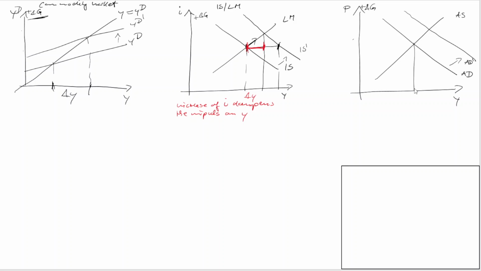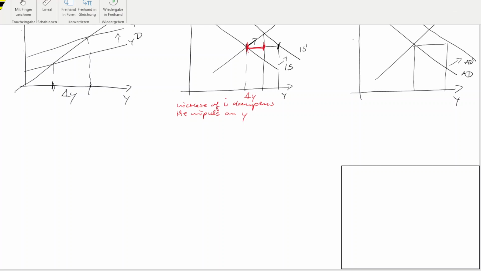Again, this here we could now identify with the impulse in the ISLM model. So let's take this in red.